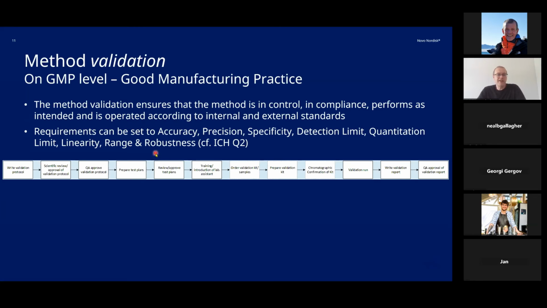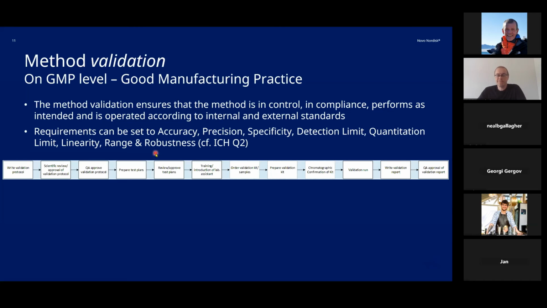And then we can have requirements to accuracy, precision, specificity, detection limits, quantitation limits, linearity, range, and robustness. That is all mentioned in ICH Q2, which describes method validation.